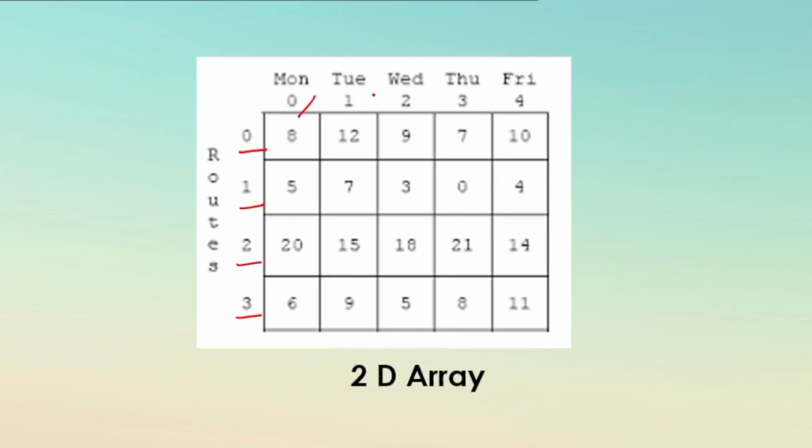Again, the column values are represented using 0, 1, 2, 3, 4. The rows are going to be the routes that are followed by a vehicle, and the columns are going to be the days. So, on what days, what routes are followed? If we want to represent this as a data structure, then we need to use a 2D array.